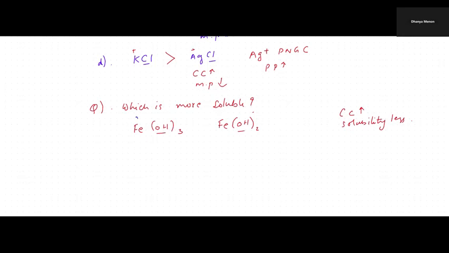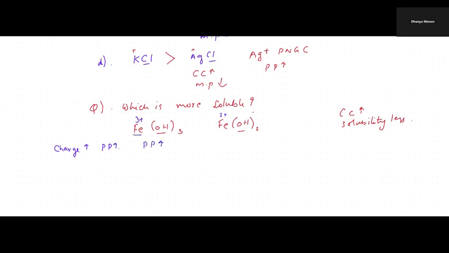Here the charge is 2 plus. We learned that for cation, if the charge is more, polarizing power is more. So who has more polarizing power here? Charge is more here, right?